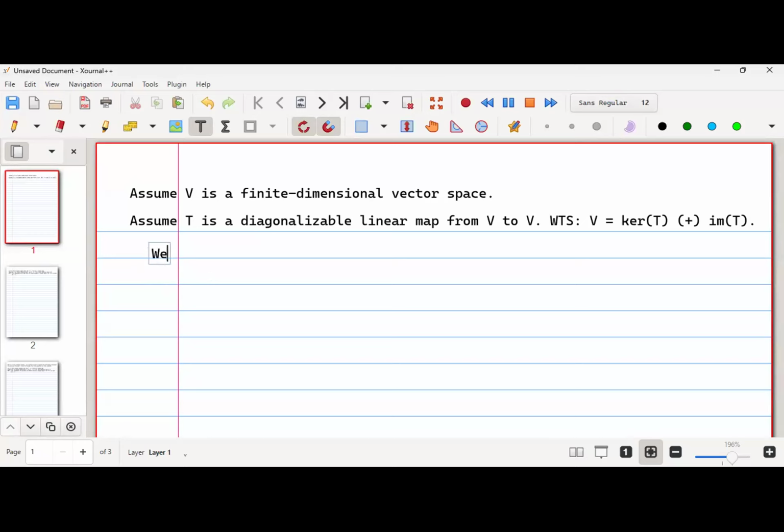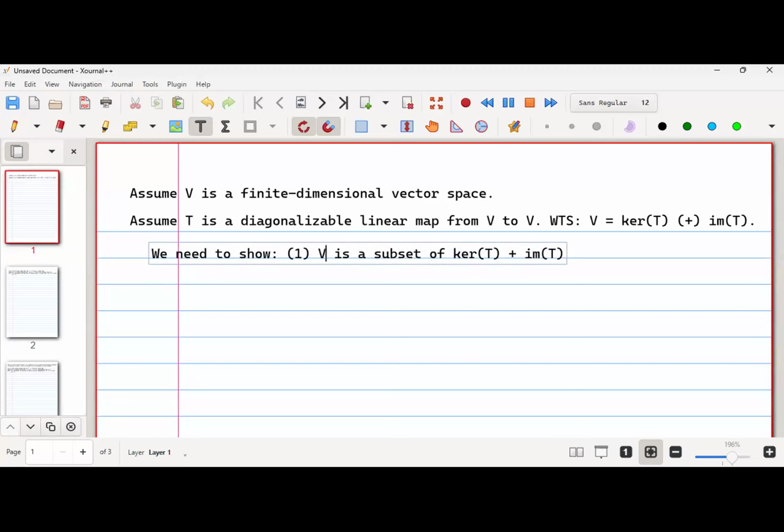We need to show that V is a subset of kernel T plus the image of T, right? So that's one.